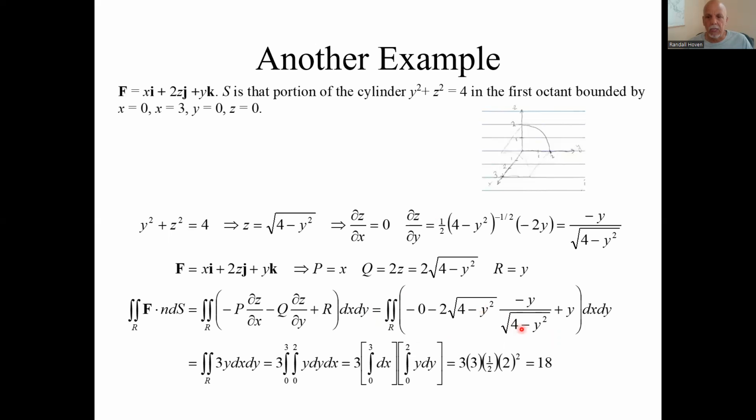You get some cancellations here, which is nice. Plus 2y plus another y, it's just 3y dx dy. The integrand vastly simplifies, and then we're integrating over this rectangle. x goes from 0 to 3, and y goes from 0 to 2. There's our double integral. Easy enough. It breaks up into a product. Bada boom, bada bing. The answer is 18.